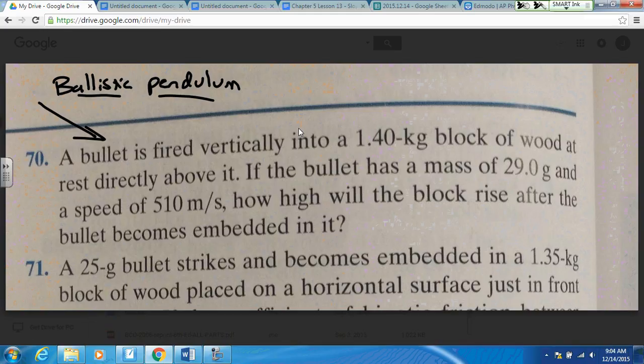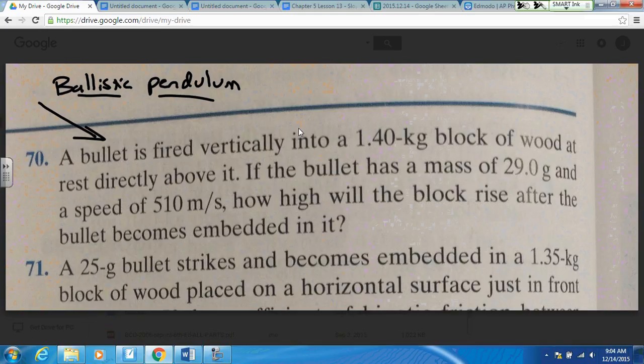I say, nowadays they have a similar kind of system, except that I believe they use springs to determine the amount of force or the amount of energy of the bullet, rather than this kind of system right here. It's more like ballistic gel or something.